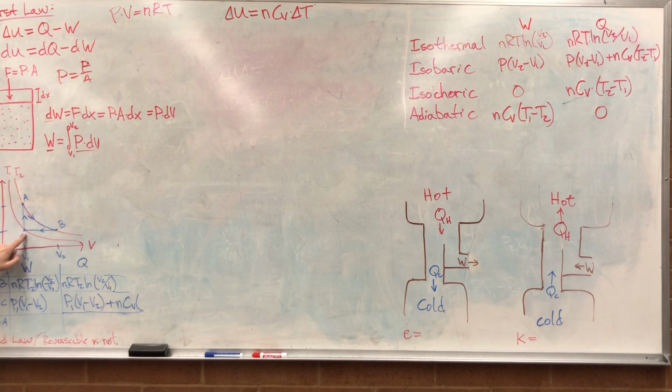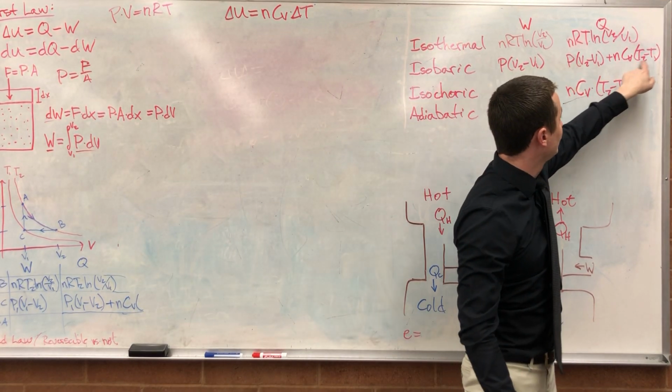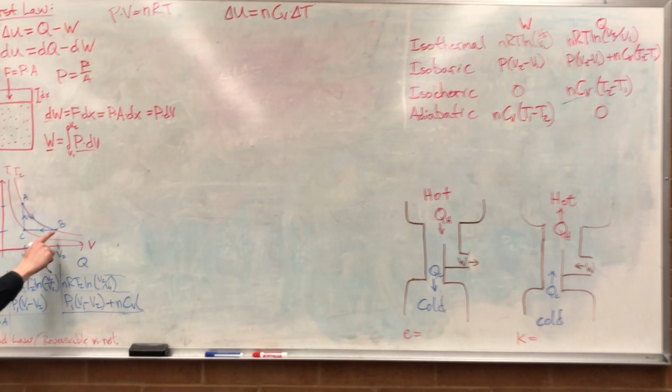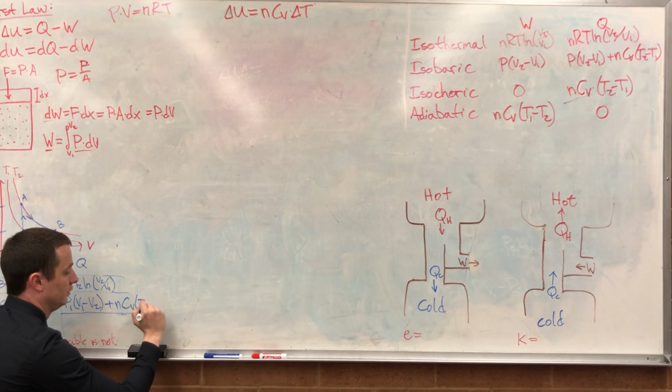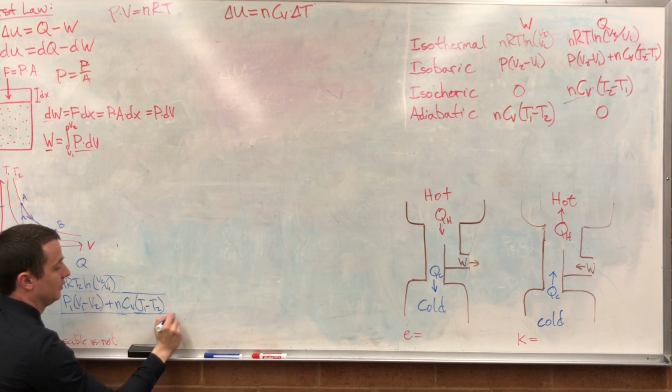Notice that it's the final temperature minus the initial temperature. In our case, our final temperature is T1 and our starting temperature was T2. So once again, that's going to be a negative number.